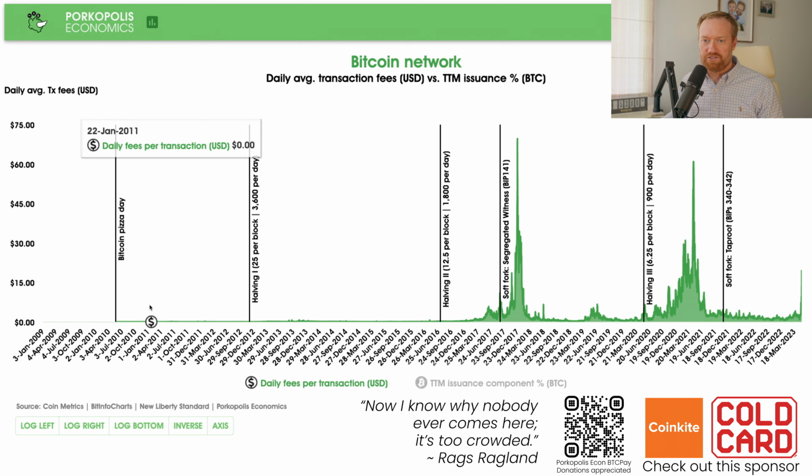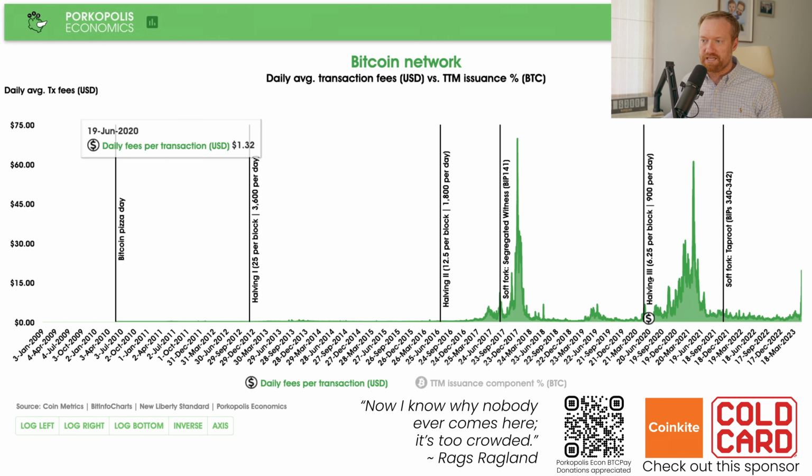I've actually never shown this chart yet in the short history of my YouTube channel. In green here on the left axis, you're going to see the daily average transaction fees in dollars. Unlike the native unit, which is Satoshis per byte, this is just a daily figure. We're not looking at blocks. We're not looking at memory.